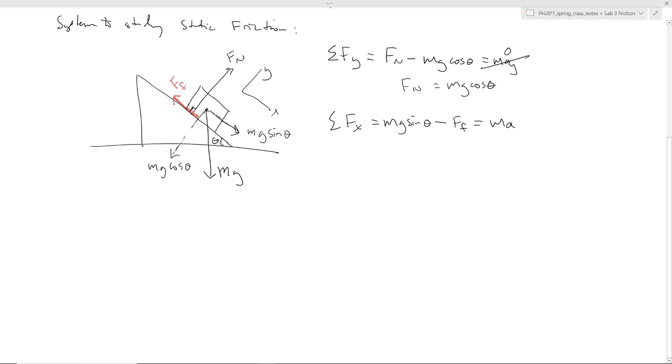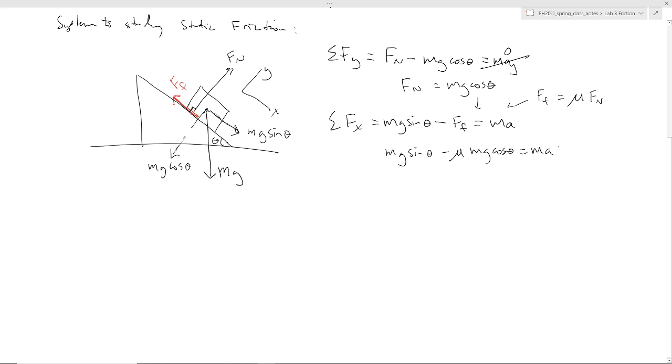So now we can put in what we know about this, because recall we were just talking about the fact that the force of friction is mu times the normal force. We now know what the normal force is, so we can put these ingredients in here. mg sine theta minus mu times mg cosine theta is going to equal the mass times the acceleration.